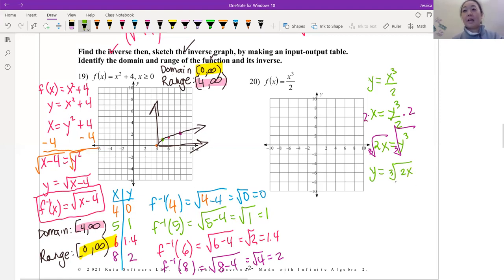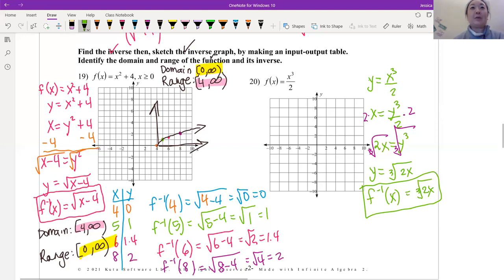All right, and that's pretty much it. Remember, for cubes there are no restrictions, so we're good. This is already a function. We already know that. We're just going to change this into function notation. There we go, and here's our answer right there.